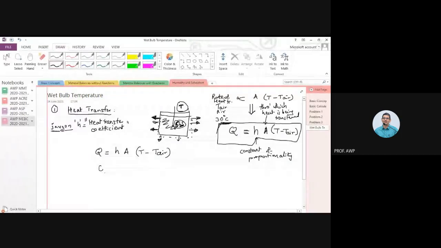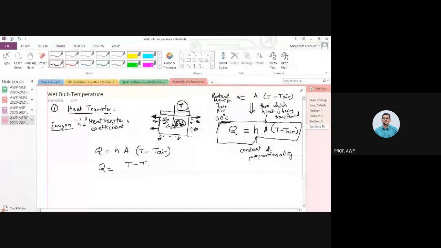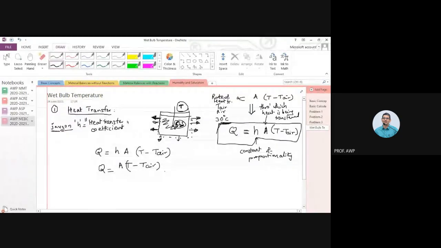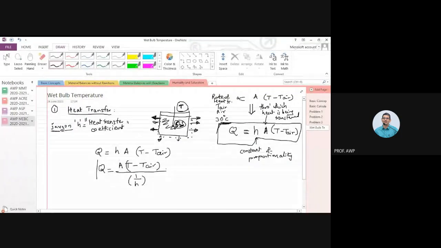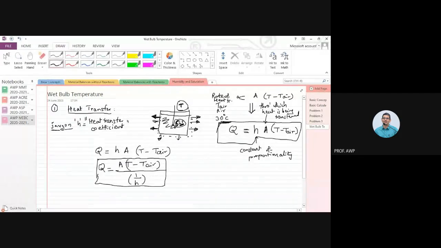You can also say this Q is equal to (T minus T air) into A, and you can even say this is like 1 by H. This expression we try to use many times. Does this look kind of familiar? Physics? Yes, sir. Something something divided by something something.